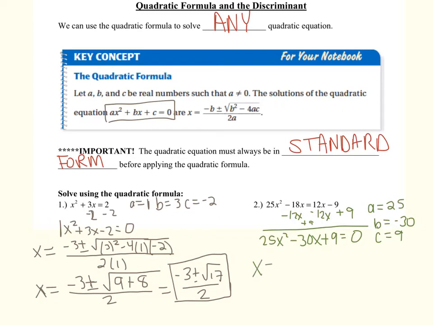So we plug into the quadratic formula. The opposite of negative 30 would be 30 plus or minus the square root of negative 30 squared minus 4 times a times c, all divided by 2 times the a value.